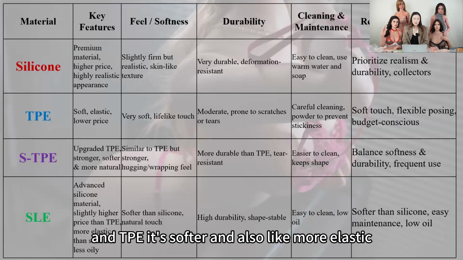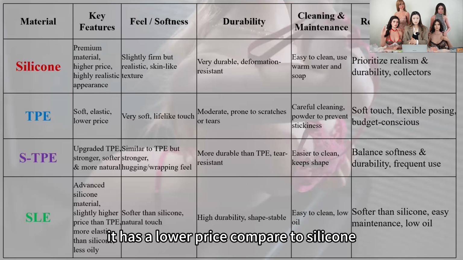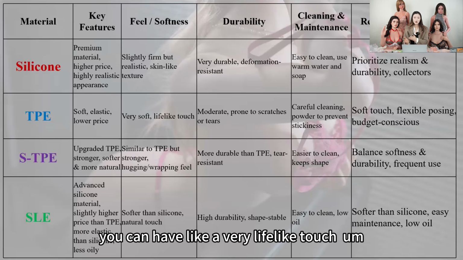it can be a good choice for silicone material. And TPE is softer and also more elastic, and most importantly, it has a lower price compared to silicone. You can have a very lifelike touch.